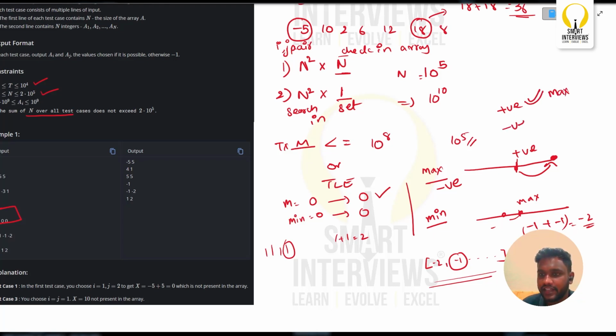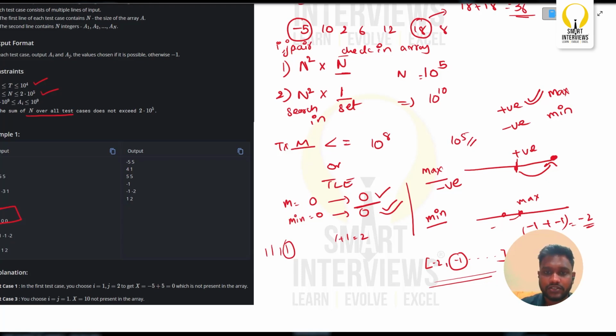If max is negative, we have to take the minimum element of the array. And we'll do min plus min or max plus max. In case of zeros, if both maximum and minimum are zeros, we can directly print -1. So these are our three conditions: one is zero, when to pick max, and when to pick min.